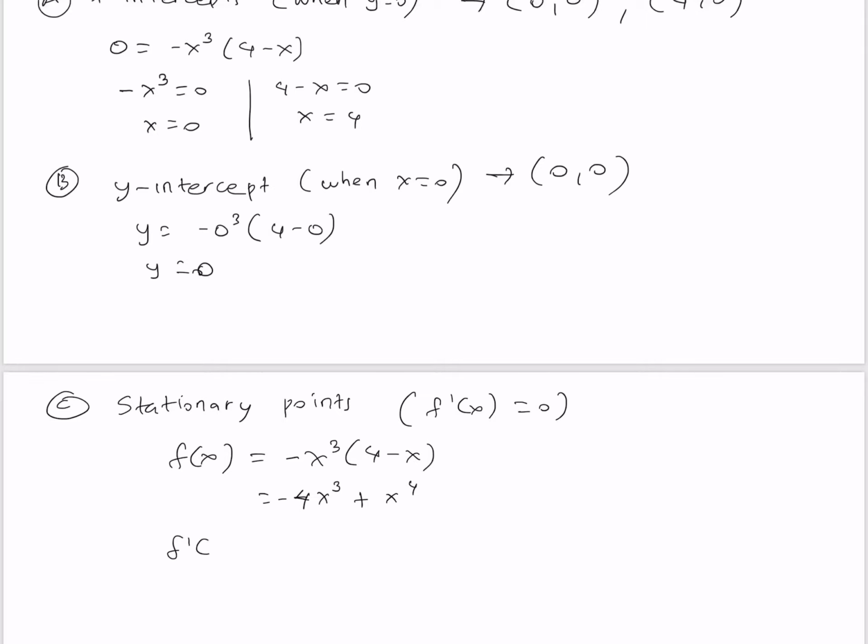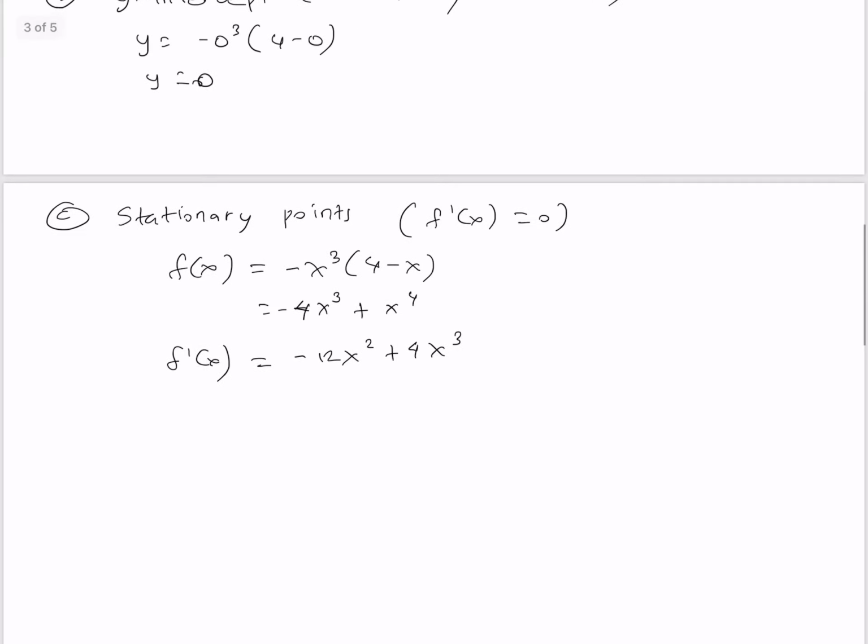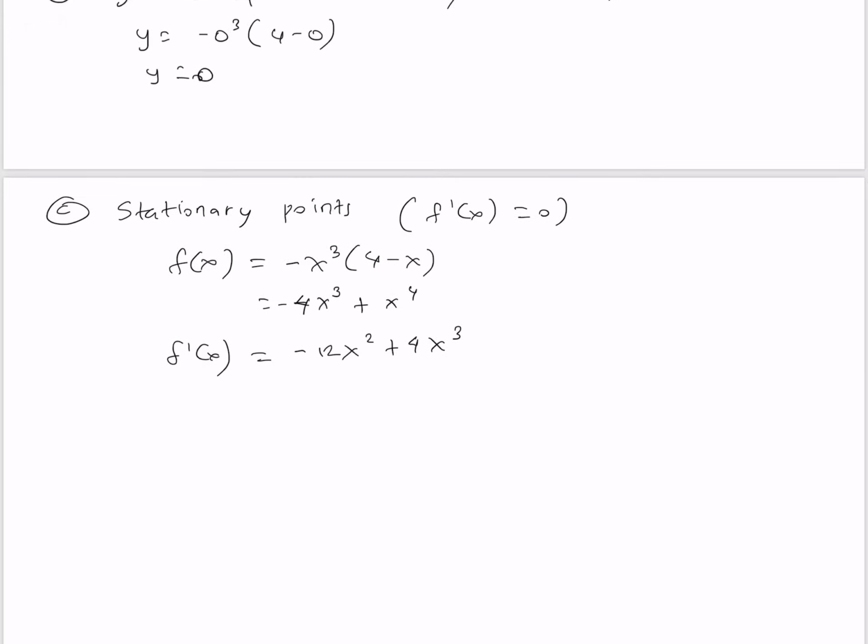Finding the derivative of that function, you will have negative 12x squared plus 4x cubed. To find the stationary points, the derivative is equal to 0. So you have 0 equals negative 12x squared plus 4x cubed. We can factor out the negative 4x squared, so inside the parentheses we have 3 minus x, because negative 4 times 3 is negative 12, and negative 4x times negative x will become 4x cubed.